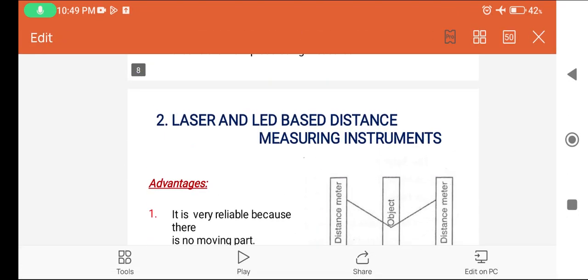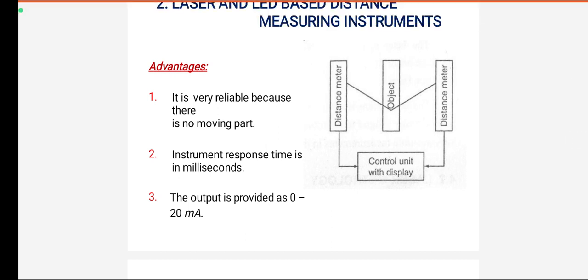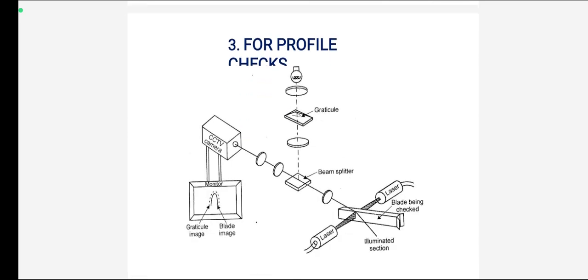So next one is the laser and LED based distance measuring instruments. This is very reliable because there are no moving parts. The instrument's response time is milliseconds. The output is provided 0 to 20 megaohms. And next one is for profile checks.